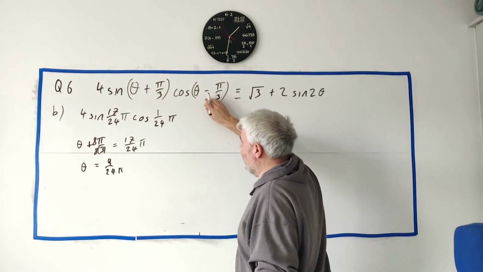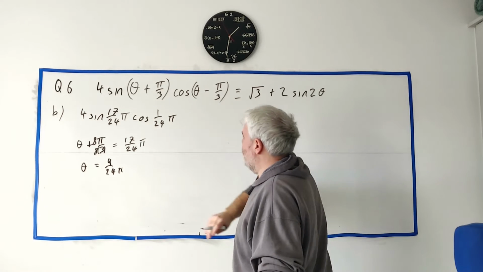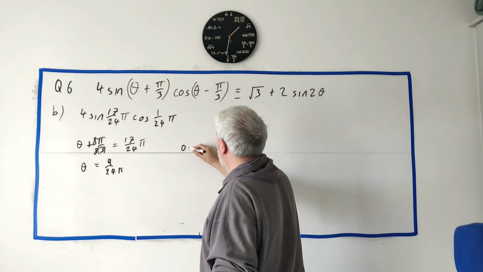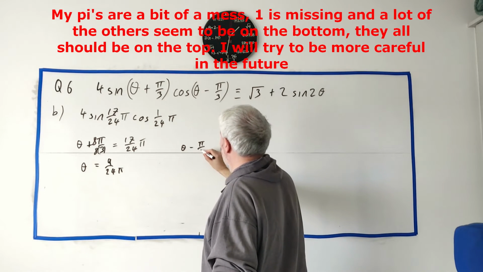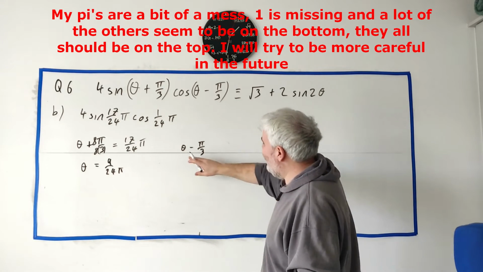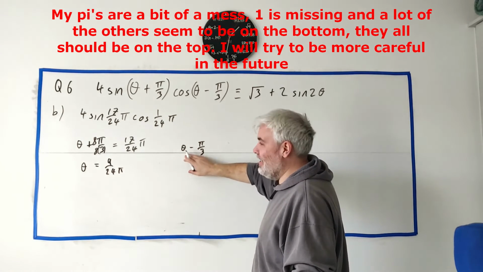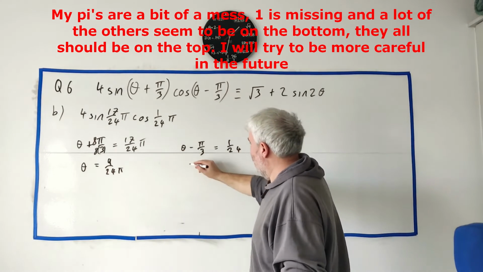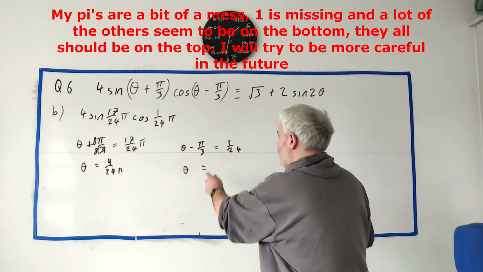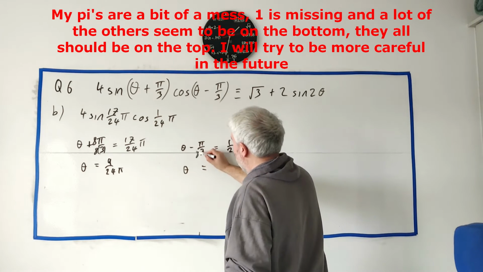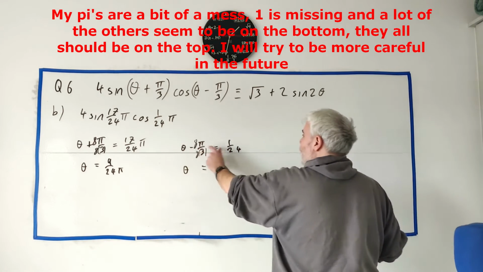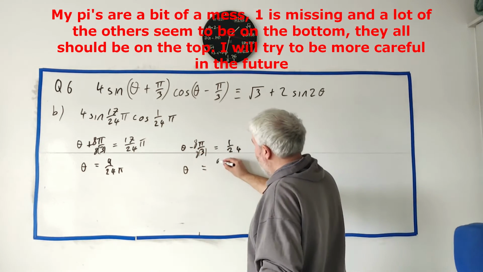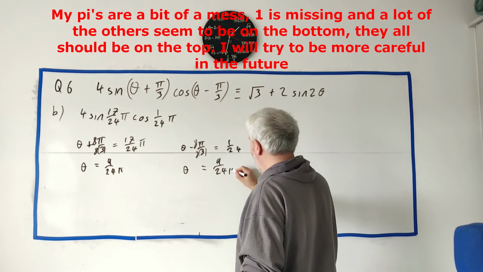And if we did the same with this one here, theta minus pi over 3 is equal to 1 over 24 pi. Theta is equal, multiply top and bottom by 8. 1 plus 8 is 9 over 24.